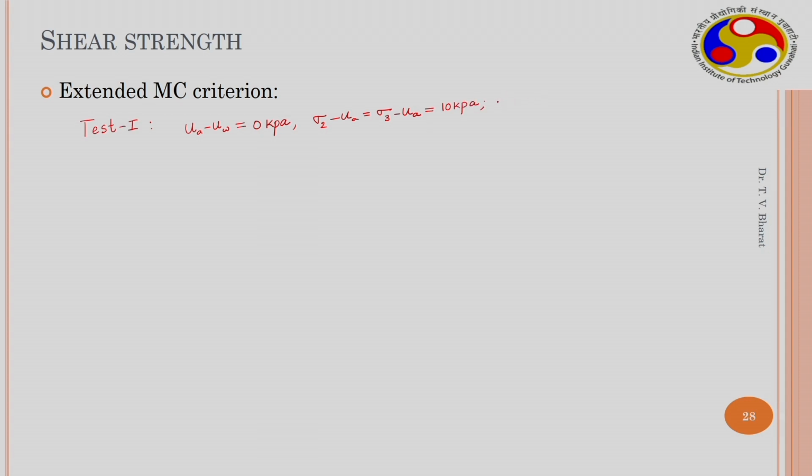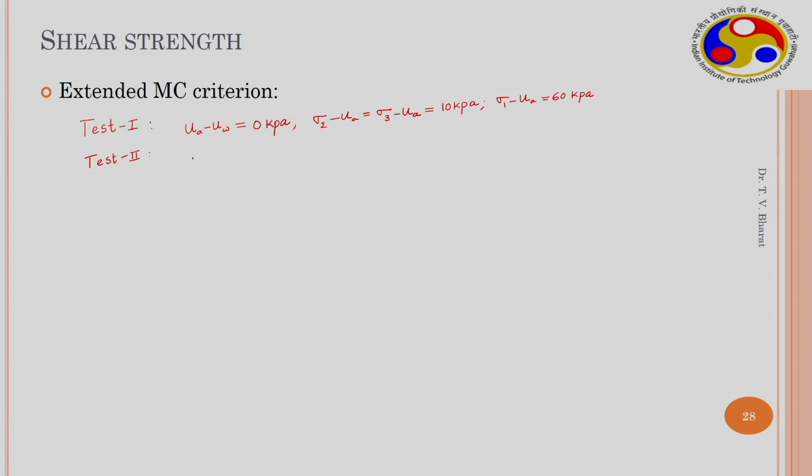The failure of the soil took place at a major principal stress value of 60 kilopascal.